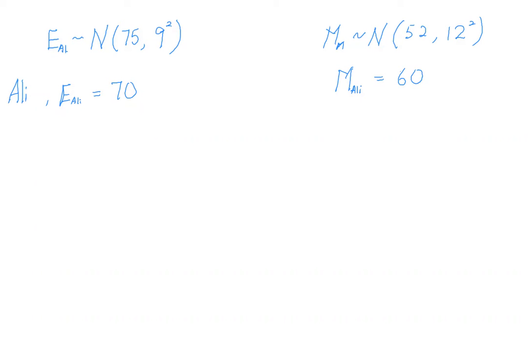Definitely maths, because it's above average based on this mark. So I have to know the average. But in EAL, Ali performed below the average. So how can you say Ali performed better in EAL than in maths? So the maths teacher will justify like that.